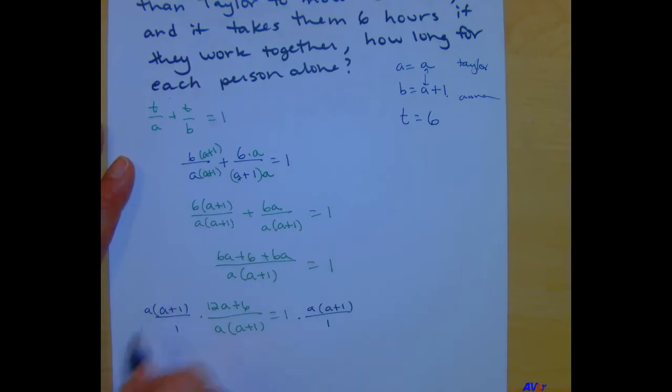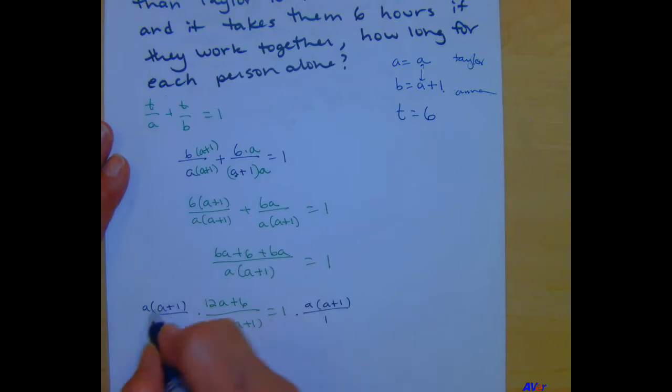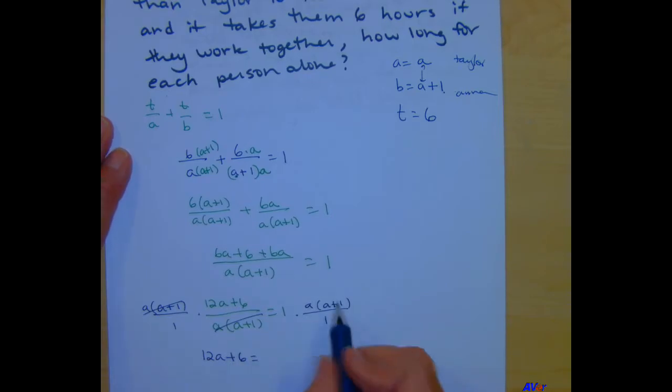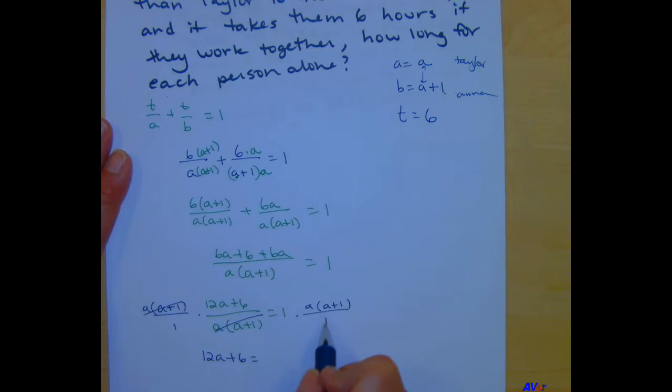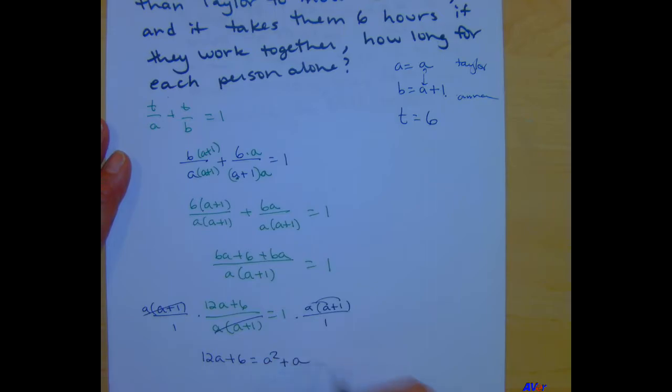Over here, my left fraction has the exact same set of factors top and bottom, so I get to cancel those. That was the goal. I'm just left with 12A plus 6. And over on the right side, I have 1 times A plus 1, so I'll distribute this A as well. So I'll have A squared plus A.